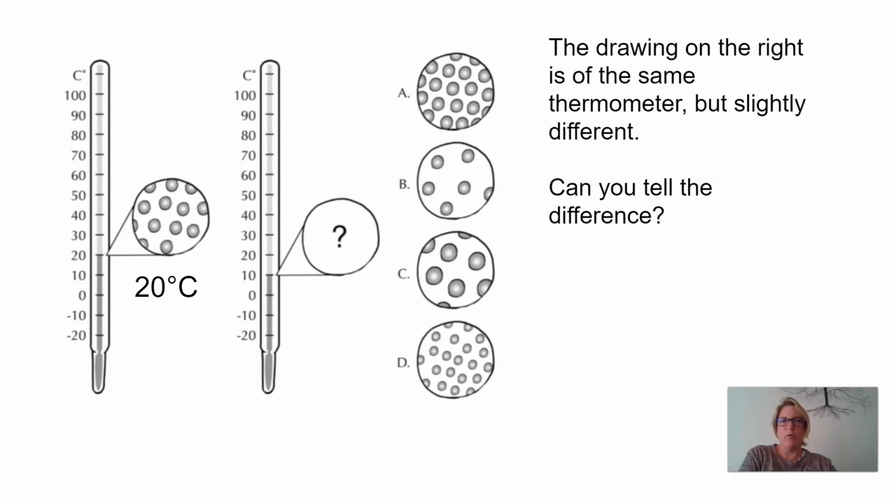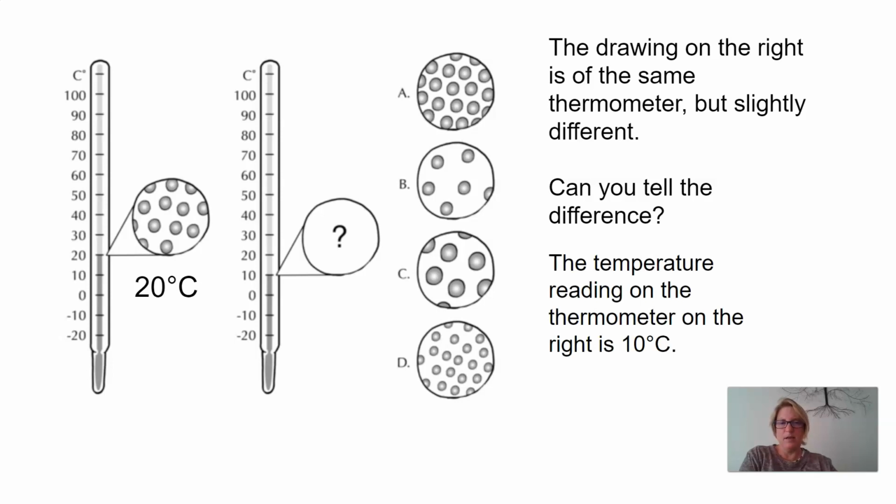The drawing on the right is of the same thermometer, but it is slightly different. Can you tell the difference between these two thermometers? Yes. If you have a look at the temperature reading on the thermometer on the right, it is 10 degrees Celsius.